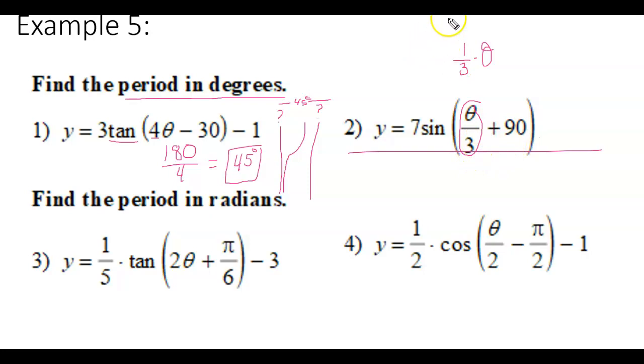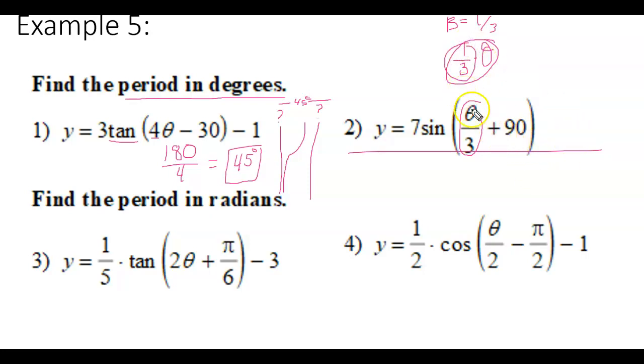In this case, the b value that you're multiplying your theta by is 1/3. It's not 3. B is the number that you're multiplying your theta by, but right now it's written like a division problem, so you're going to rewrite it as a multiplication instead. Theta over 3 is the same thing as 1/3 times theta, which means that your b is 1/3.